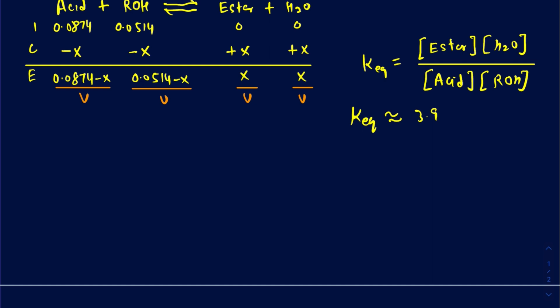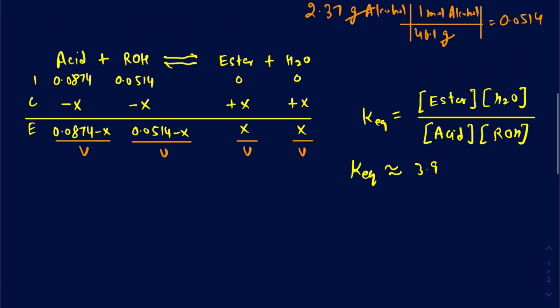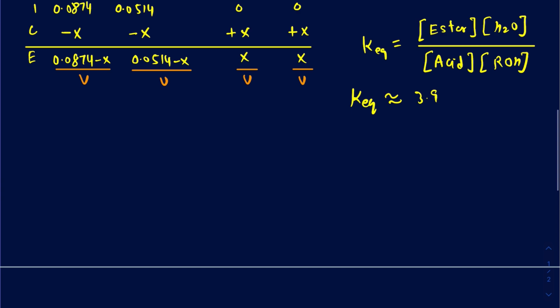So that's really not going to be any factor in whether you use the moles or whether you use the molarities. Because when I go back here and rewrite the KEQ, I would have, let's say, 3.9. So I'm just writing down the KEQ. Your ester is going to be X over V. That's, remember, your volume. And your water is also going to be X over volume.